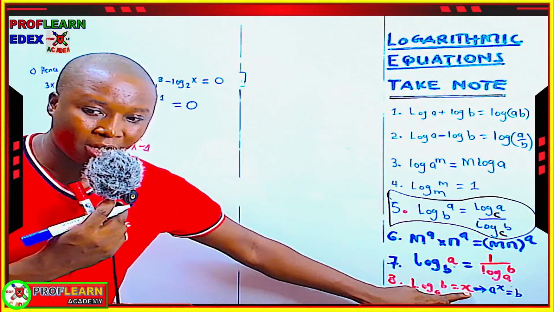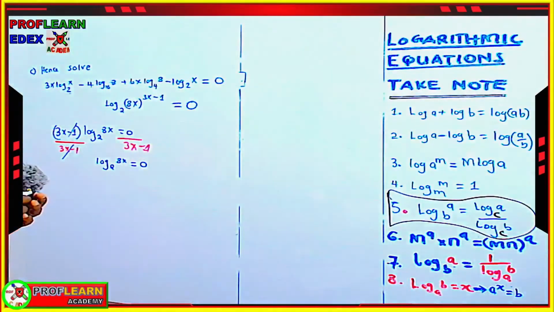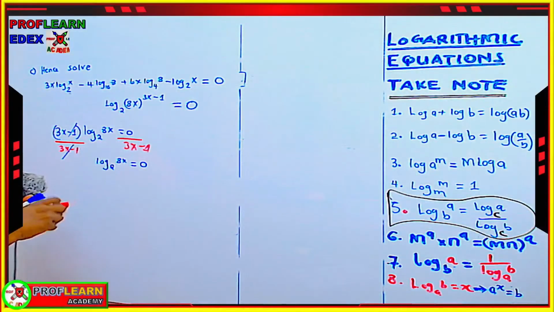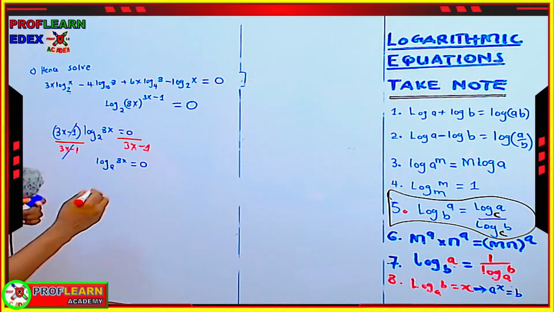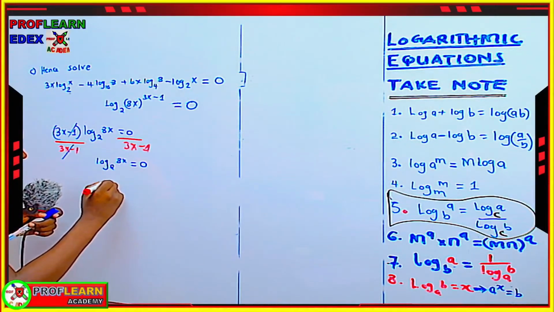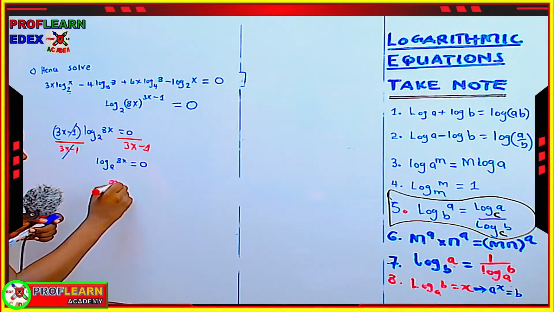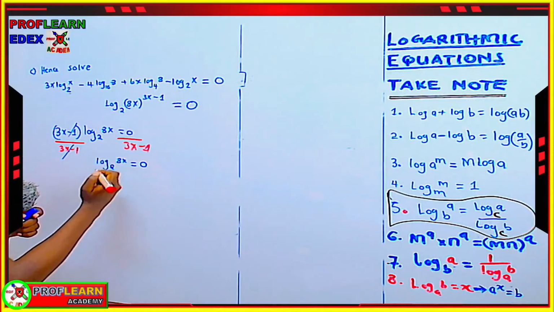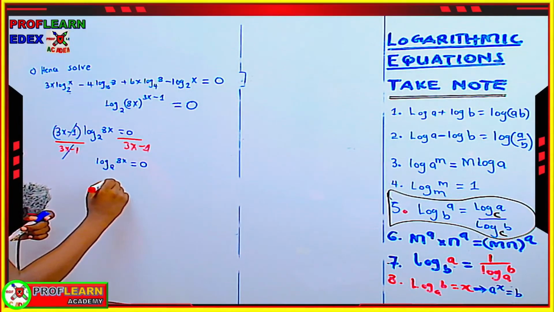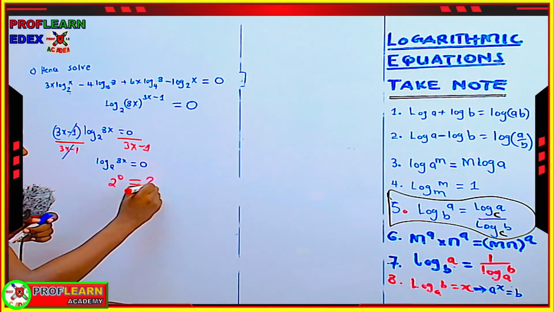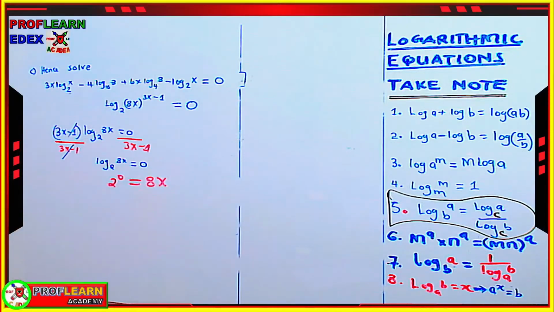Now, how can you get a 1 when you have a base 8x? The only way you can do that is when you have 8x raised to power 3x minus 1 is equal to 8x raised to 0. That's when you can have a 1 here.